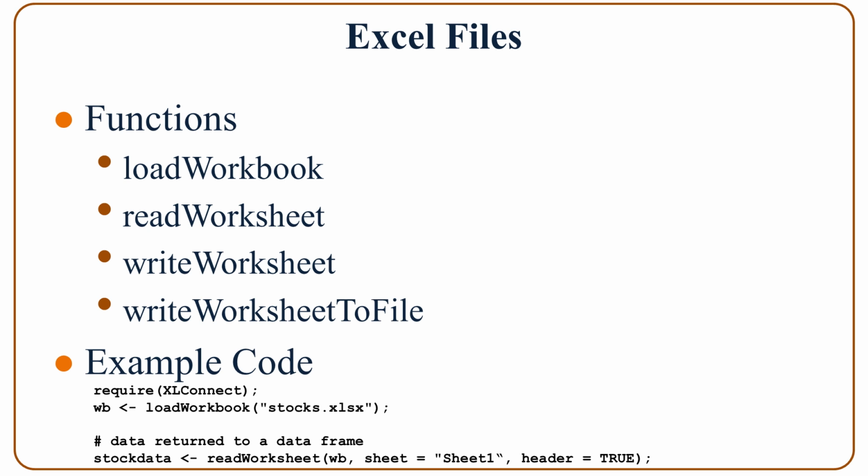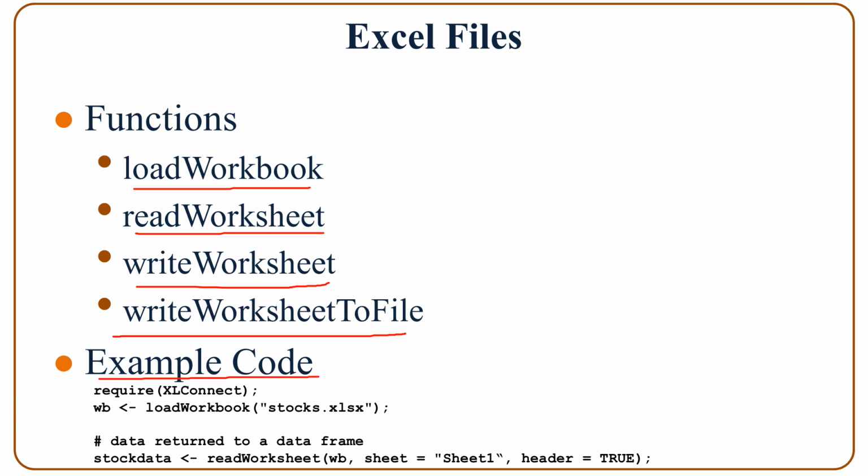You require the XLConnect library, and this is for loading, writing, and reading Excel files. So once you do this, later on you can call loadWorkbook. You give it an Excel file, stocks.xlsx, and store the result into wb.